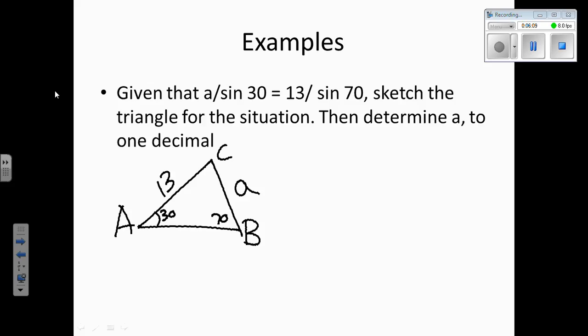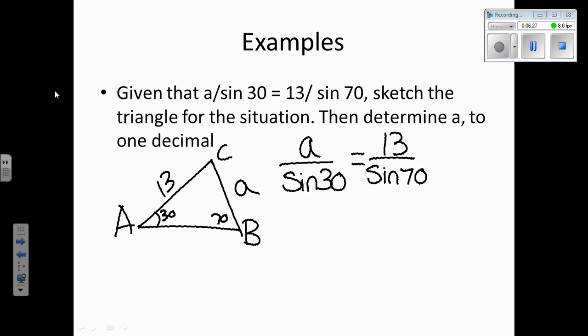So now we're going to solve. I want to isolate A, so I have to move sine over to the other side. The opposite of division is times.